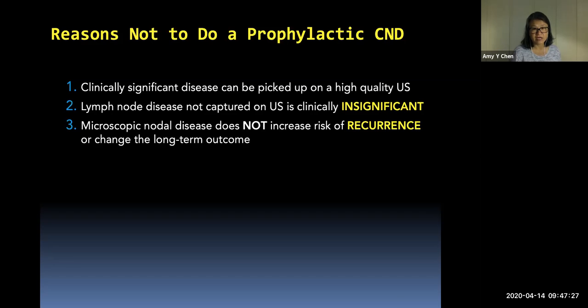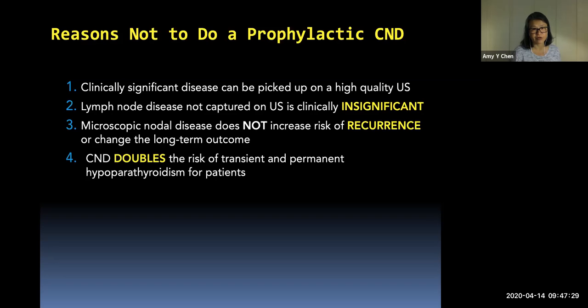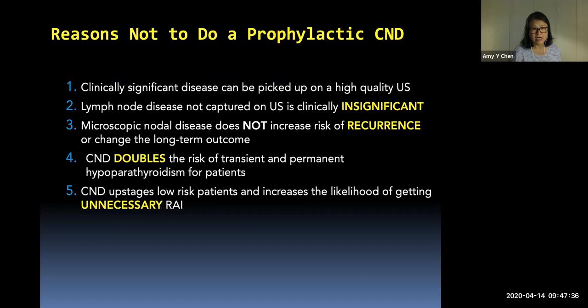Microscopic disease does not increase risk of recurrence. And it can double the risk of transient or permanent hypoparathyroidism for patients. This rate probably changes according to the volume of the thyroid surgeon. However, it still increases it, regardless of whether you say it doubles or it increases by 25%, it does increase it.